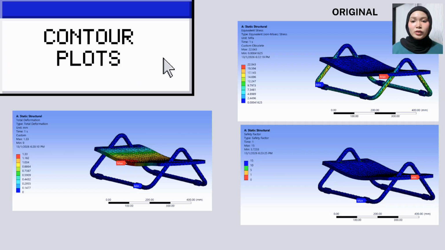I will continue for contour plot. Next, this contour plot shows the stress, deformation and safety factor distribution for each design. In the original design, stress distribution is relatively uniform and deformation is moderate.